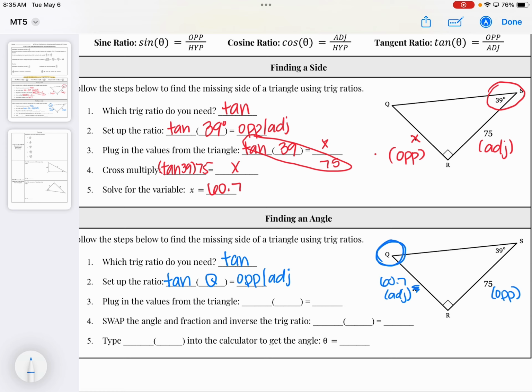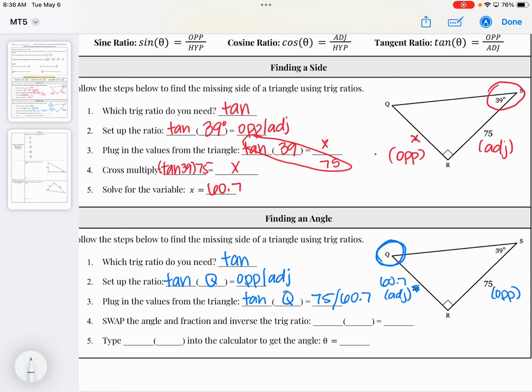Let's plug in our values. Tangent of Q equals, what's our opposite? 75, over our adjacent. What was our adjacent? 60.7.